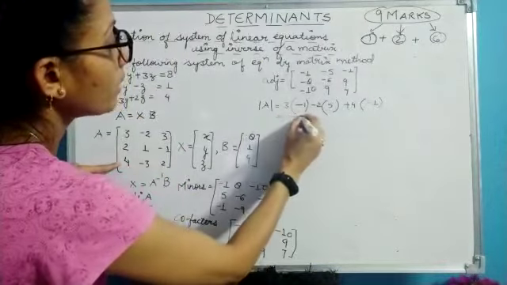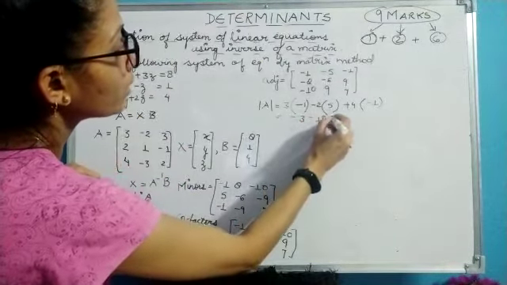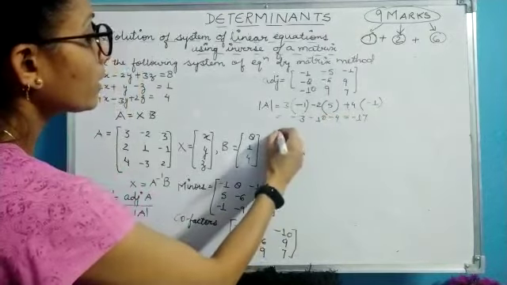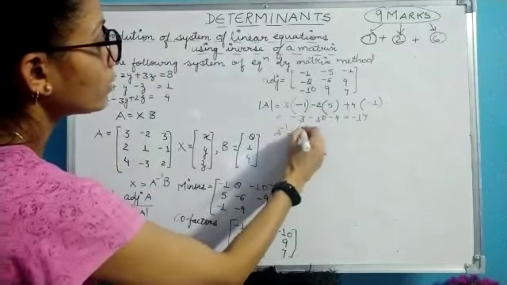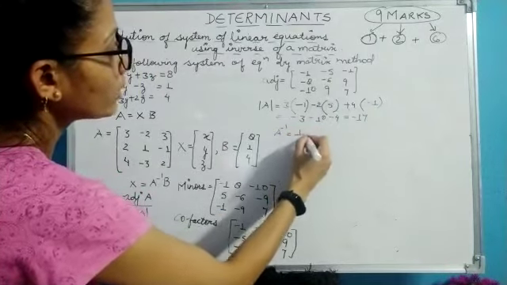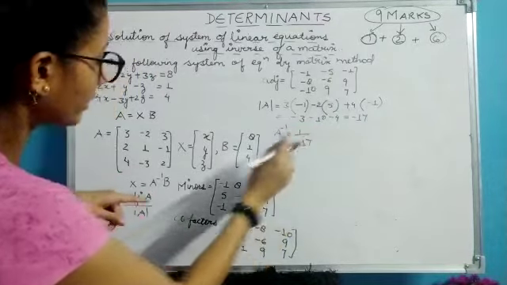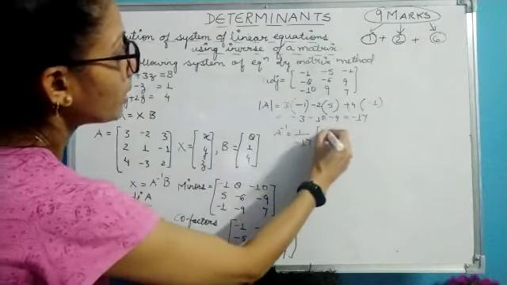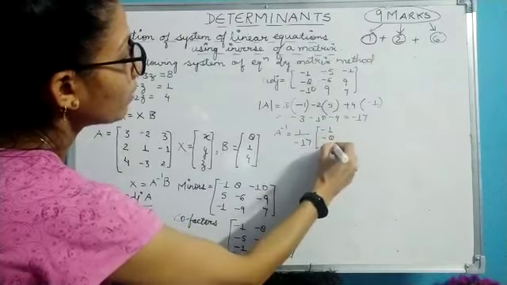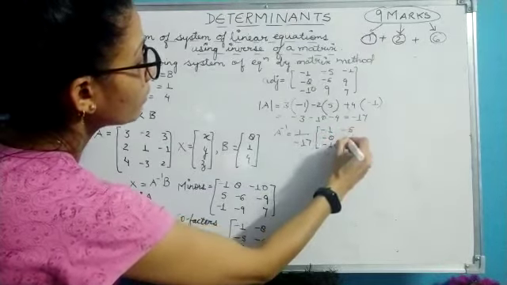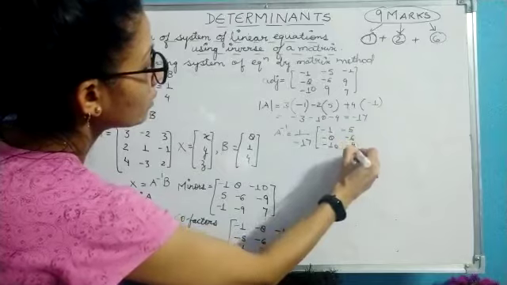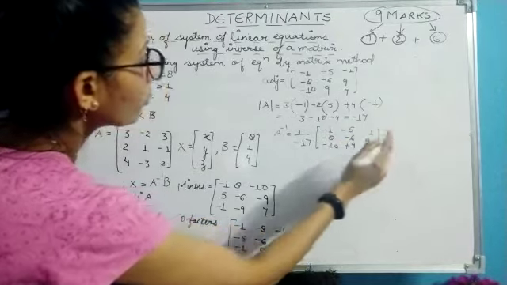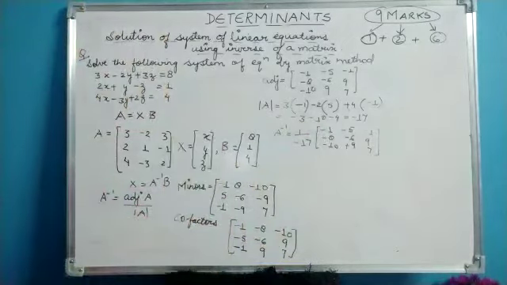So here it is minus 3, minus 10, minus 4, which gives me minus 17. So my A inverse is equal to 1 upon minus 17. I am writing determinant of A's value minus 17, and it is minus 1, minus 8, minus 10, minus 5, minus 6, plus 9, minus 1, 9 and 7. So this is the value of A inverse which I am getting.